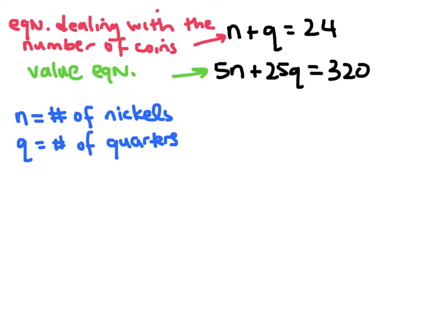Now keep in mind, we did not use 0.05 to represent how much a nickel was worth. We used 5 instead, and we used 25 to represent how much a quarter is worth instead of 0.25, which means we would have to use 320 to represent how much money is in the piggy bank. So instead of $3.20, it would be 320 pennies.